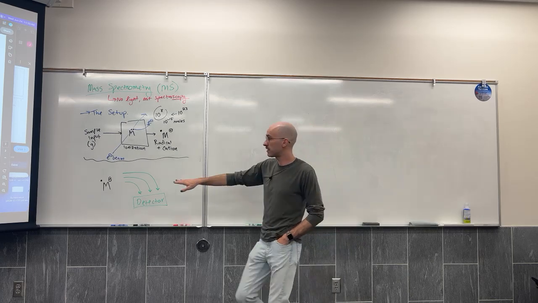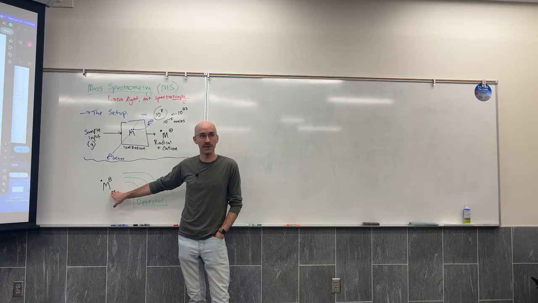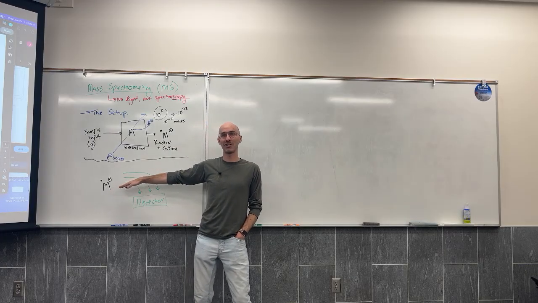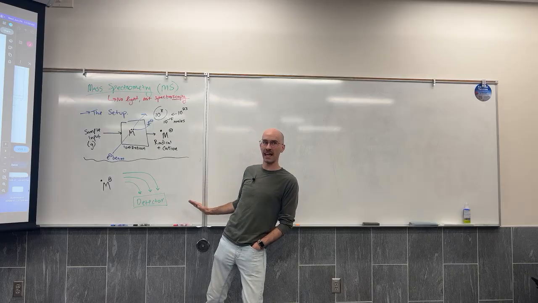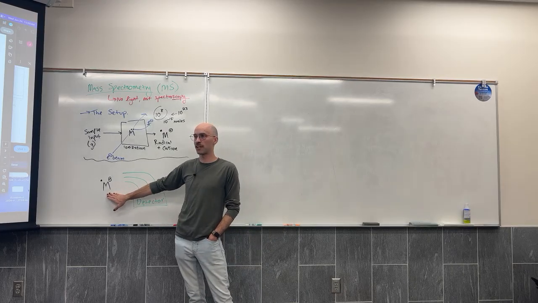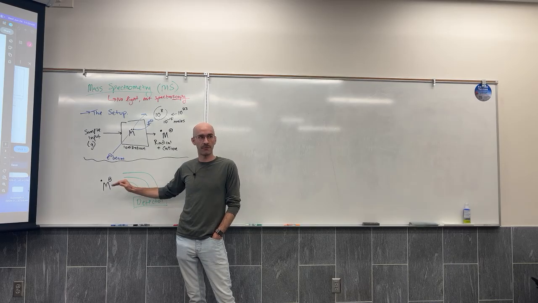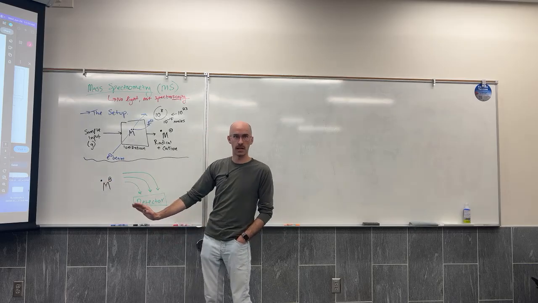If this structure is heavy, then the magnetic field has a hard time changing the momentum of that heavy particle. But if this structure is light, if it is not very heavy, then the same magnetic field can change its momentum a lot quicker.